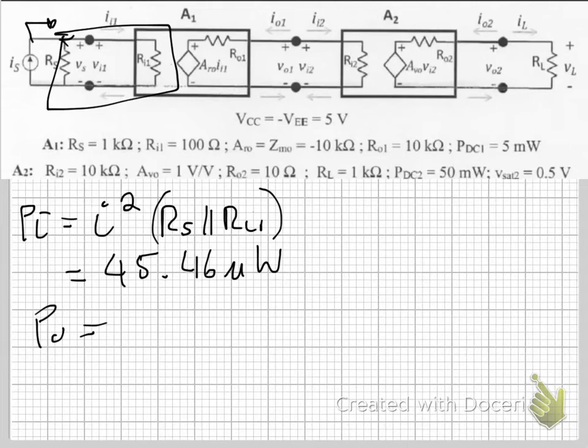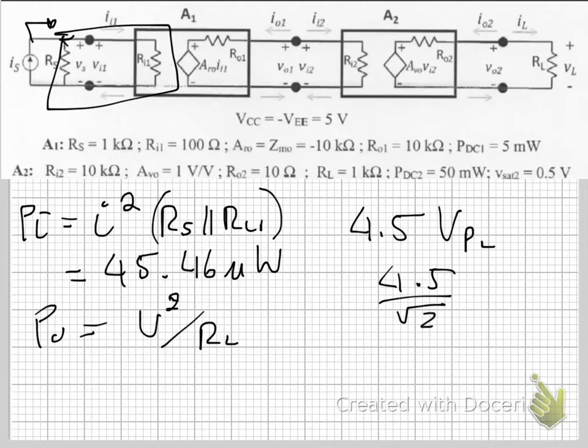And your output power, you can use V squared over R of L. Remember to also turn your 4.5 volts peak at the load to RMS by using this formula.